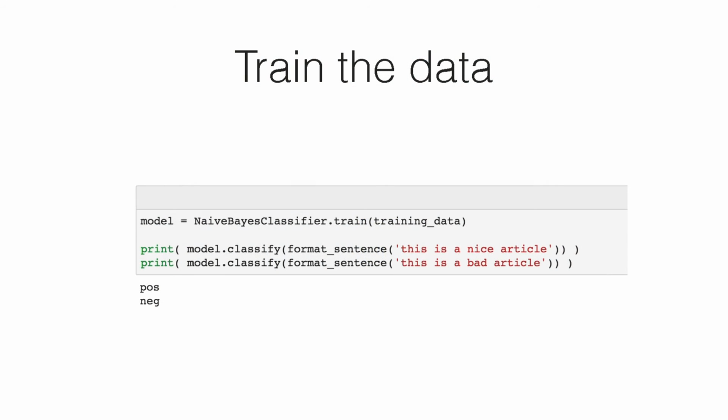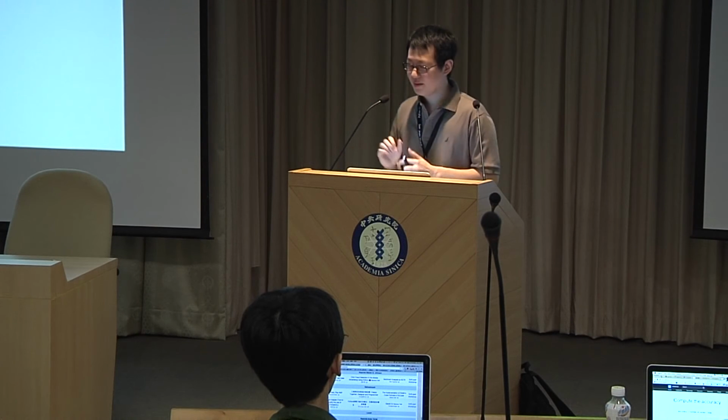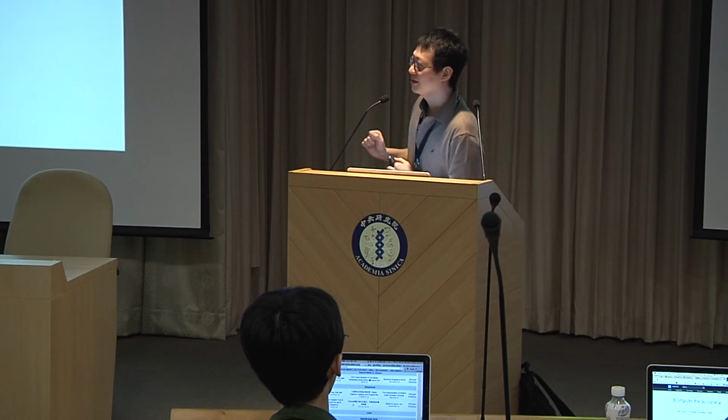So we already know how to use the very simple model, the naive Bayes classifier, to train your model. So we can feed our training data. It contains about 8,000 reviews. Half of them are positive, half of them are negative. After that, this is a new sentence.